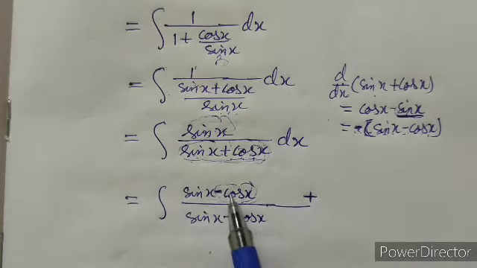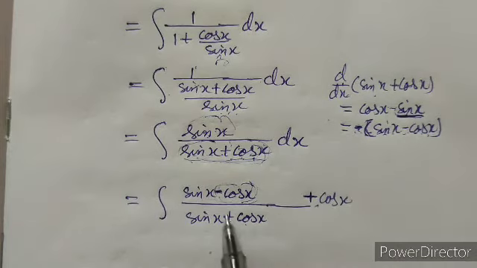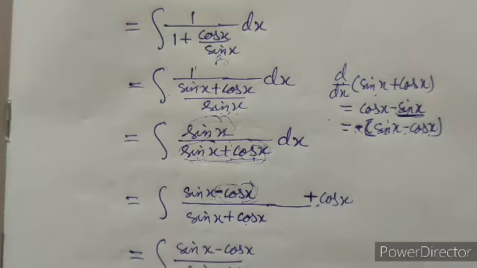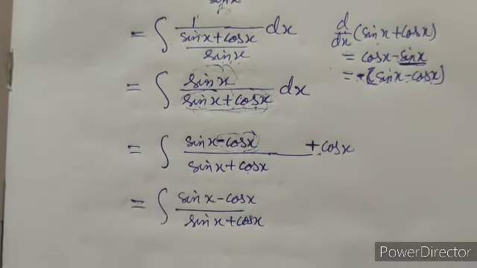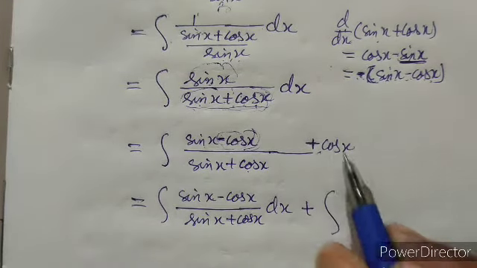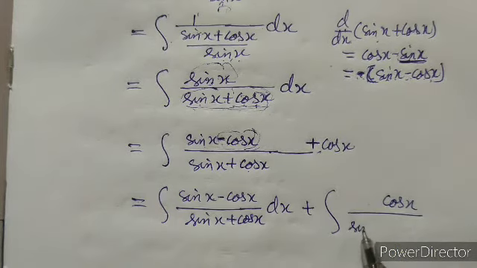Now here we have to eliminate this cos x, so we will add cos x to it so that the question doesn't change. But here if we integrate these separately, we will get integral of (sin x minus cos x) upon (sin x plus cos x) dx, and plus integral of this, here it was plus cos x upon sin x plus cos x.